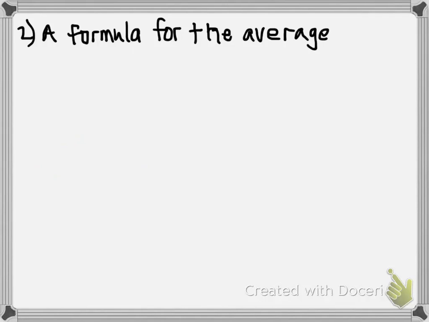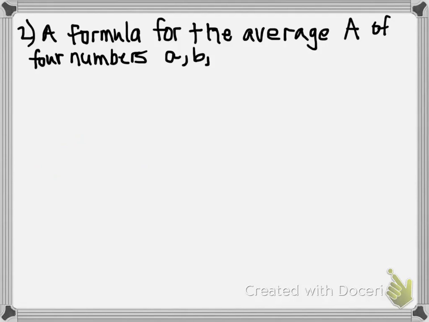A formula for the average, A, so capital A represents average, of 4 numbers, and then those 4 numbers are going to be represented by little a, little b, little c, and little d, is, and then they're going to give us that formula.